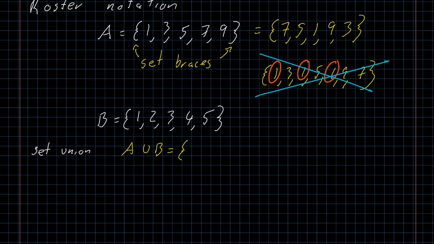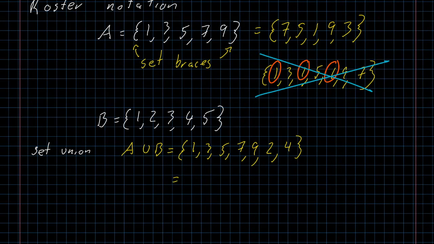Everything gets pulled in, keeping in mind that we don't write things more than once. So set A has 1, 3, 5, 7, and 9. And then we look at set B. We've already named 1. We don't have to name it again. We include 2. We've already named 3. We don't have to include it again. We include 4. We've already got 5. There's our set.